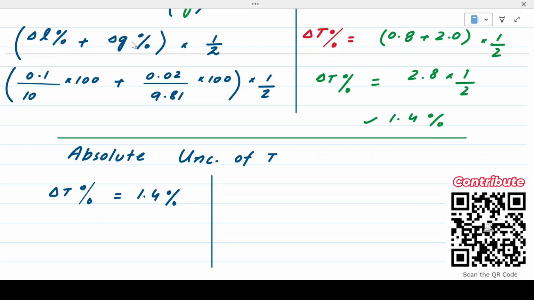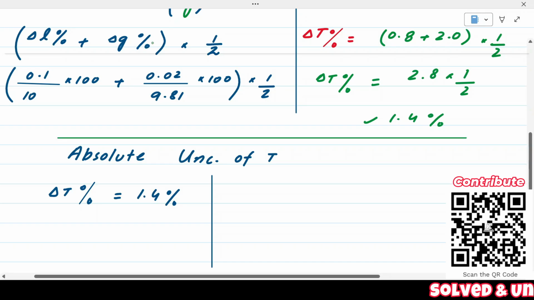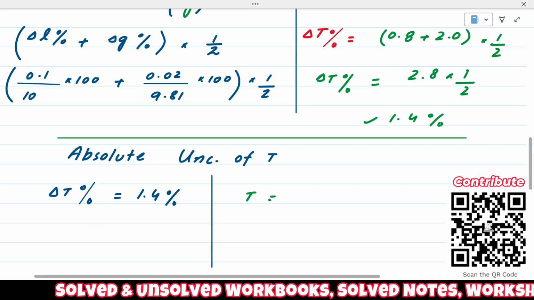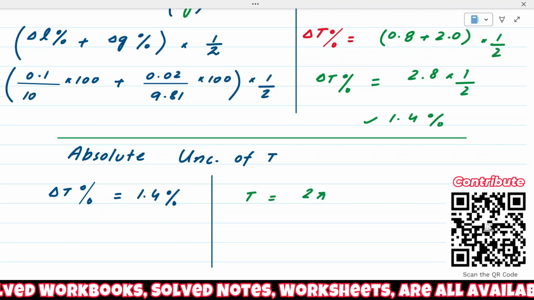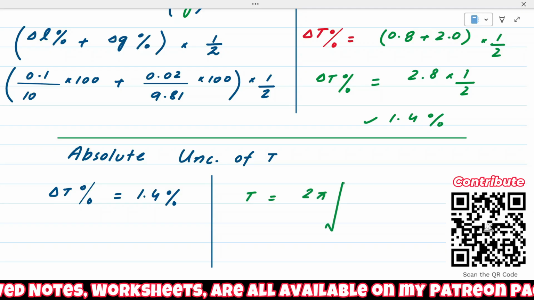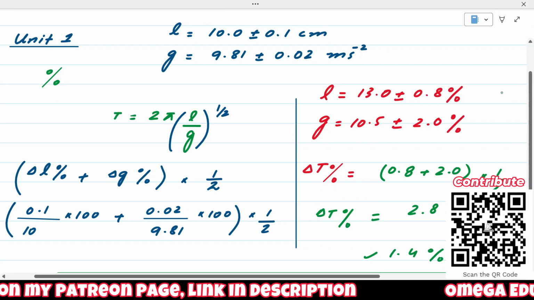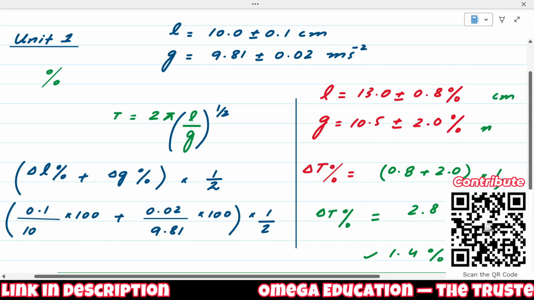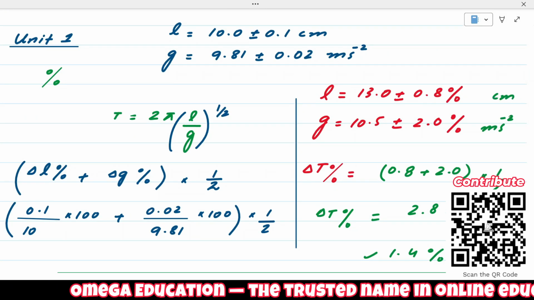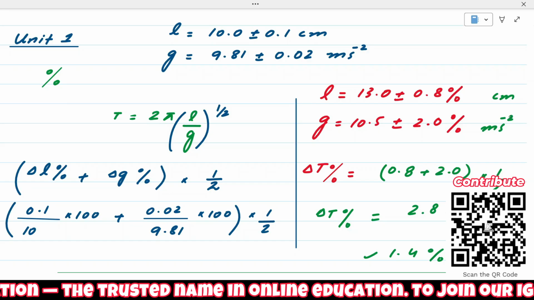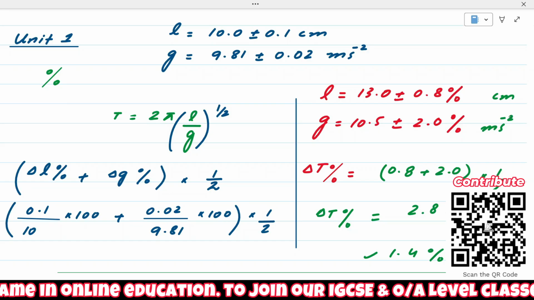And now you also need to find the absolute value or the principal value of T. How? Inserting the values in the formula. 2 pi square root L, which is, let's say this one was given in centimeter, this one was in meter per second. When you're finding the principal value, unit conversion needs to be done.